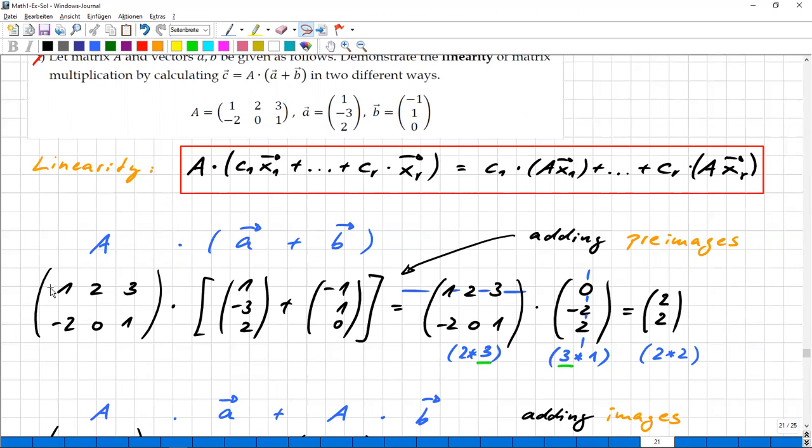Anyway, now I apply this matrix. We also say applying a matrix, which means multiply, to this pre-image vector, every row times every column. I take the first row times the first column, which is 1 times 0 plus 2 times minus 2 plus 3 times 2.